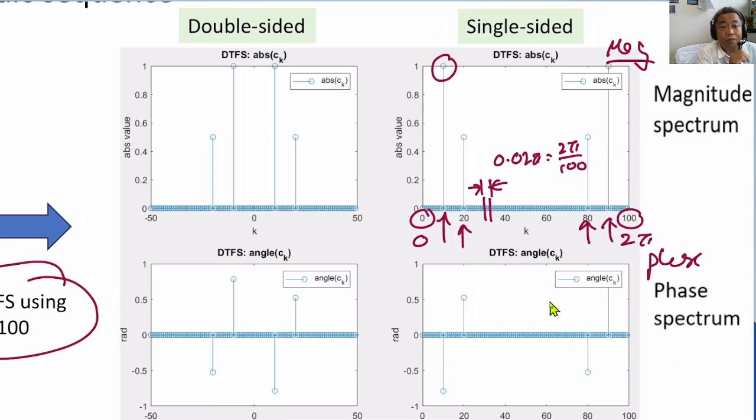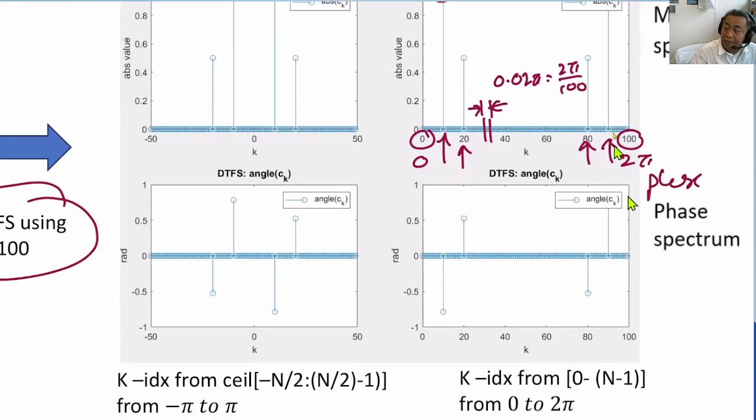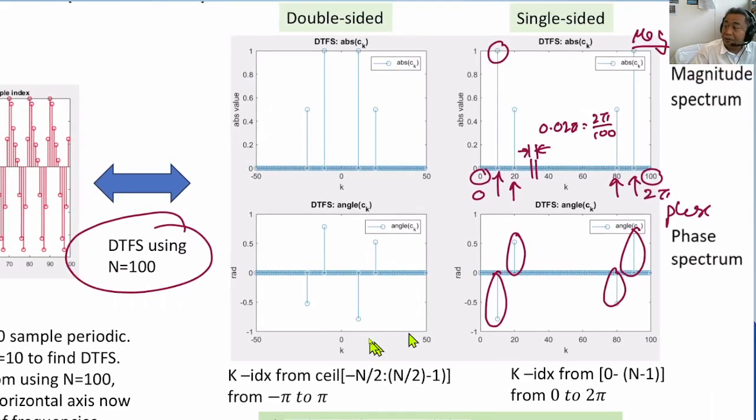So there are 4 complex exponentials. This is the magnitude from 0 to 2 pi. Correspondingly, at the place where we have magnitude, we are looking at the phase. So there are also 4 phases corresponding to those 4 complex exponentials. So this is the magnitude and the phase response from 0 to 2 pi.